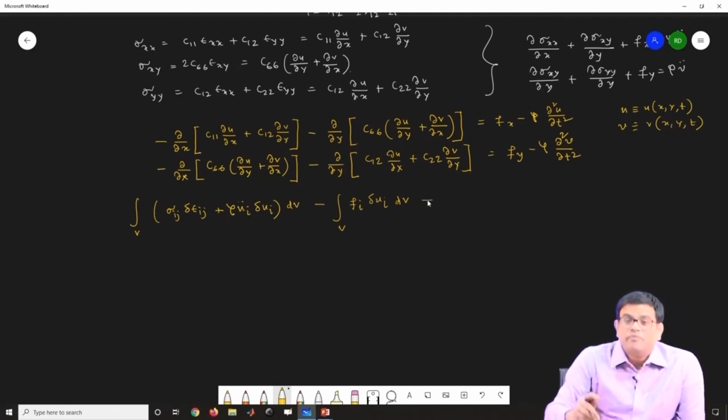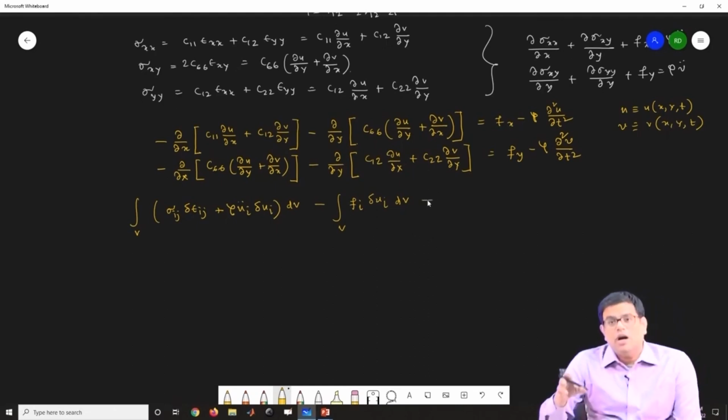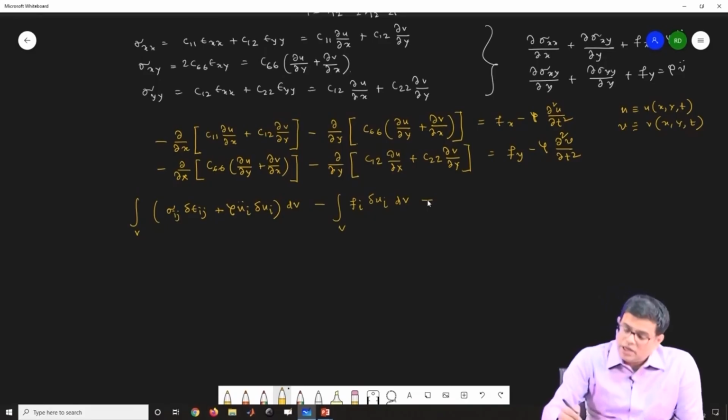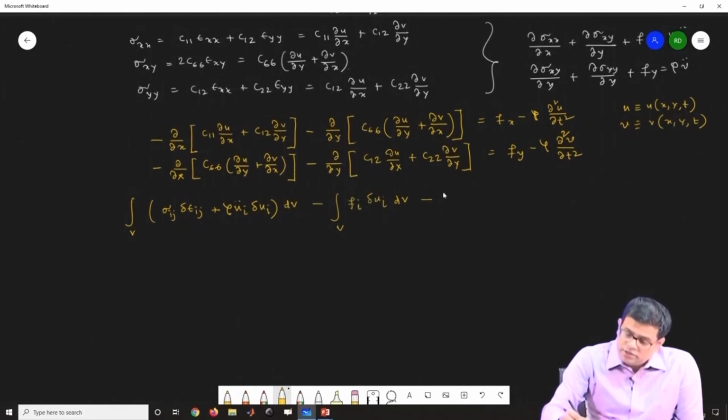Now there is a boundary term that will come, that is the traction boundary condition or the Neumann boundary condition. That will be over the surface S, say.